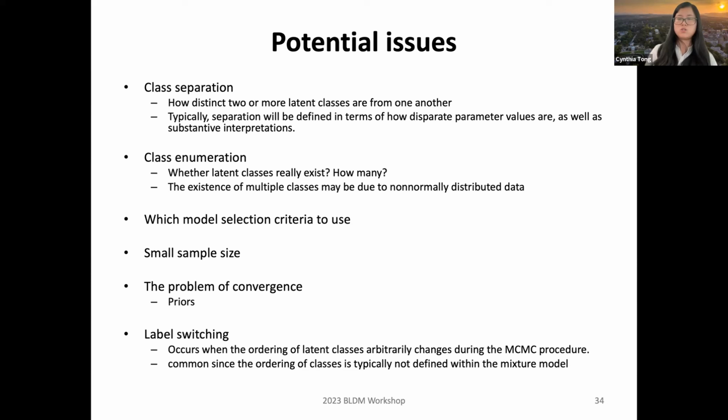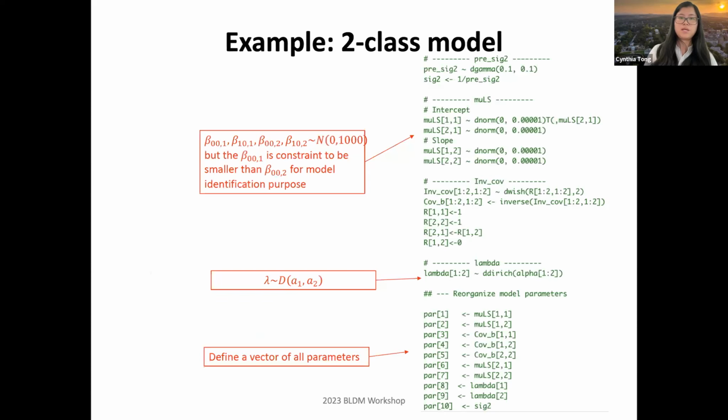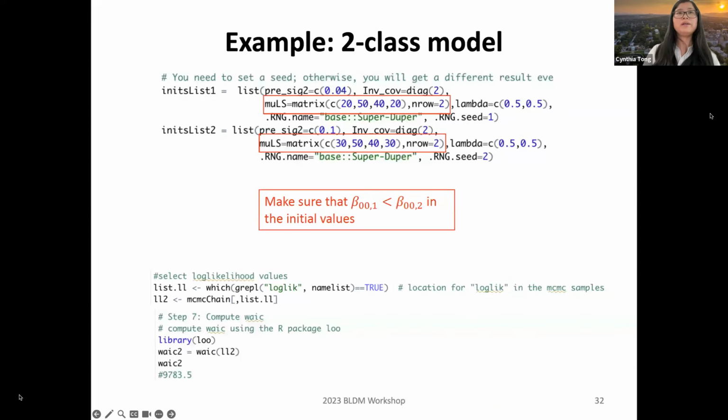So based on our previous example, what I did is add something here to make sure the intercept for the first class is smaller than the intercept for the second class. So it truncates the values from negative infinity to the mean of the intercept of the second class.